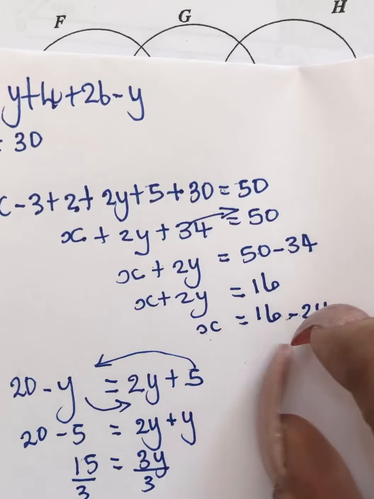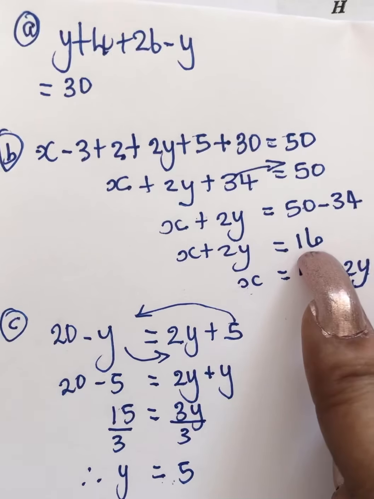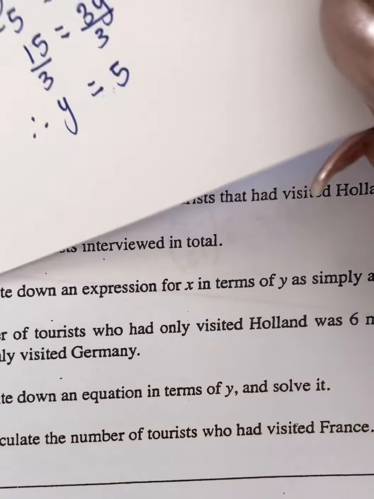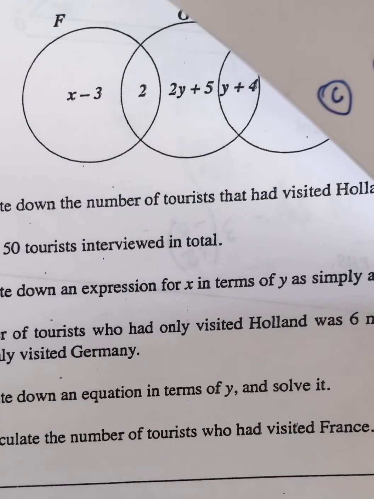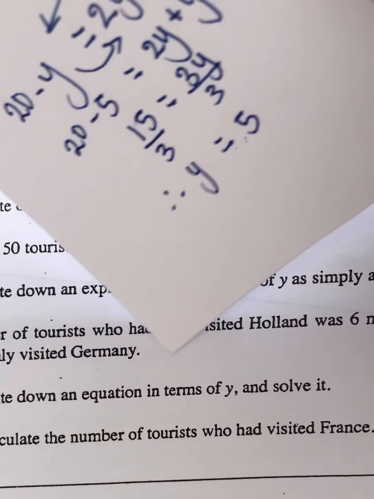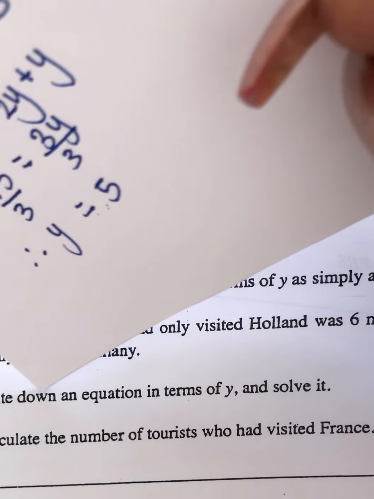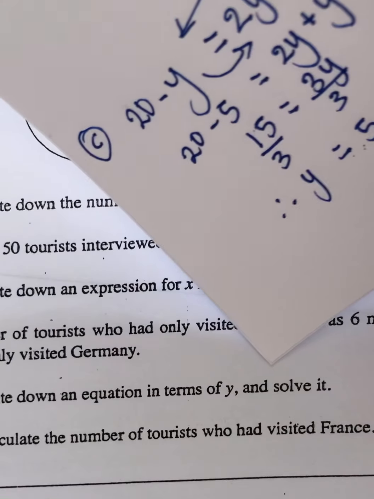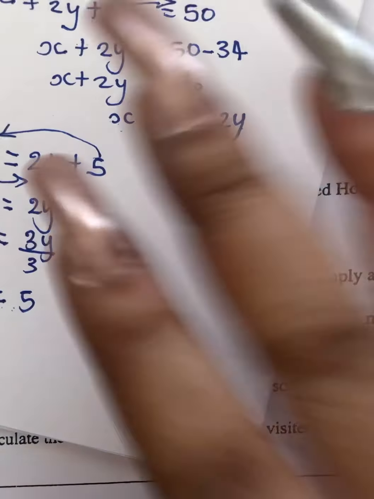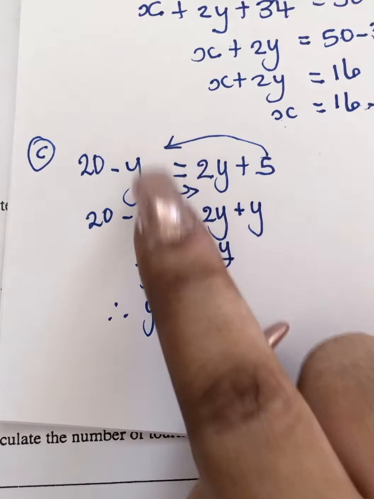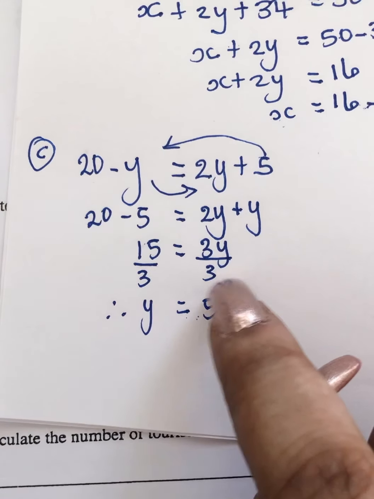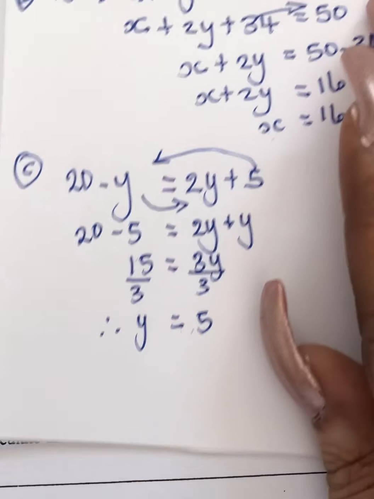And we simplified that equation as much as possible. Part C, they told us about the 6 tourists more who visited Holland than Germany, and they asked us to write down an equation in terms of y and solve it. And that is what we did. We wrote that equation and we solved. We found a value for y.